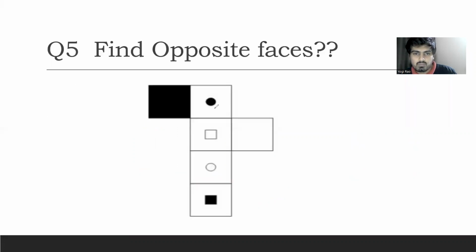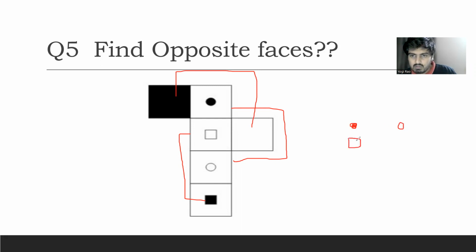Same goes here. First will be opposite of third, second will be opposite of fourth, and the remaining two faces will be opposite of each other. So the first will be opposite of an empty rectangle, and the empty rectangle will be opposite of the dark rectangle, and the dark face will be opposite of light.